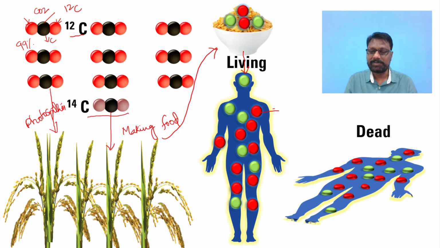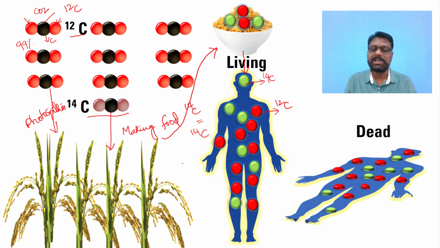The red color represents the stable one and the green color represents the C14. Now the amount of C14 present in the atmosphere is equal to the amount of C14 present in the human body, because he consistently takes up the C14 available in the atmosphere for making macromolecules by eating food.